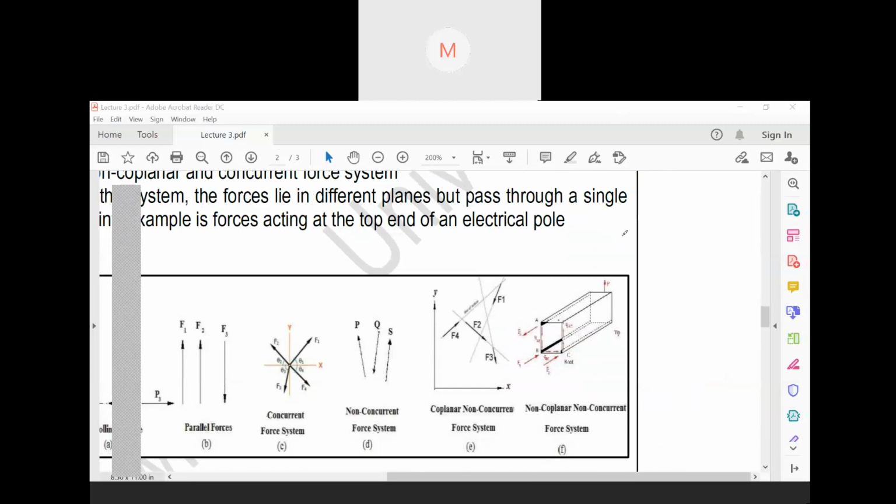If you see in this diagram, what happens? Here in this diagram, this is a different figure totally, right?